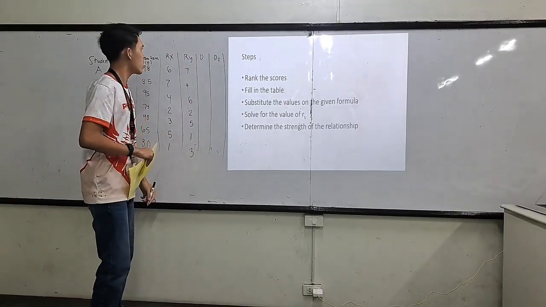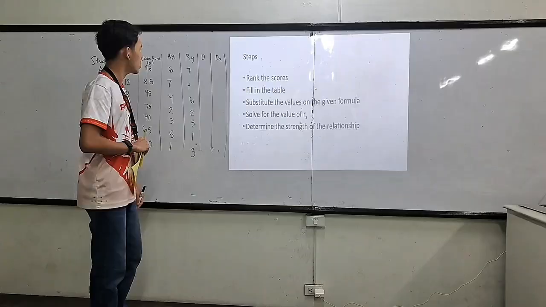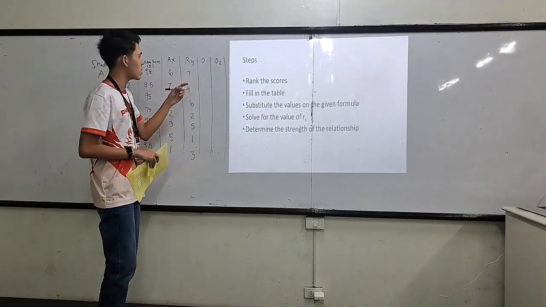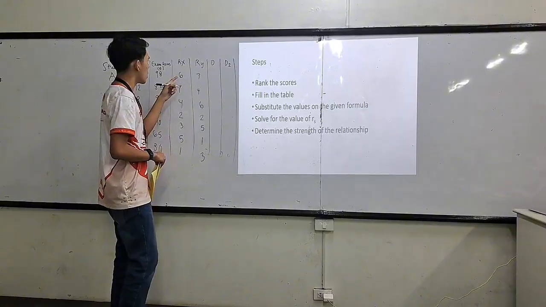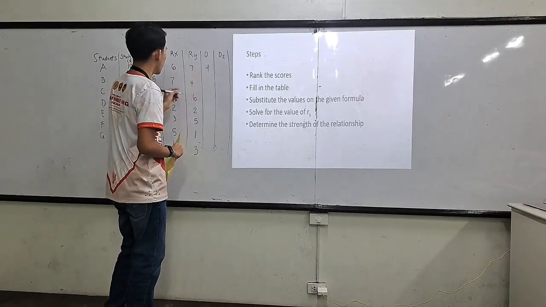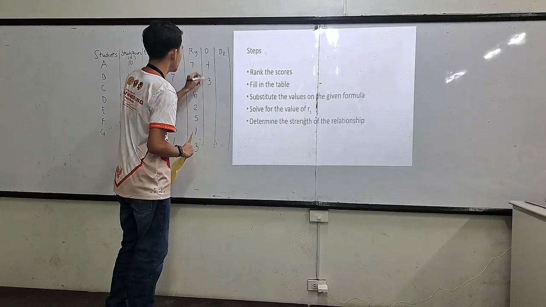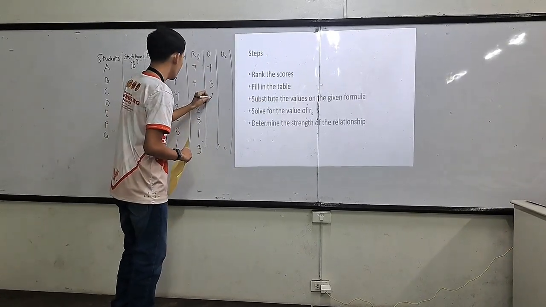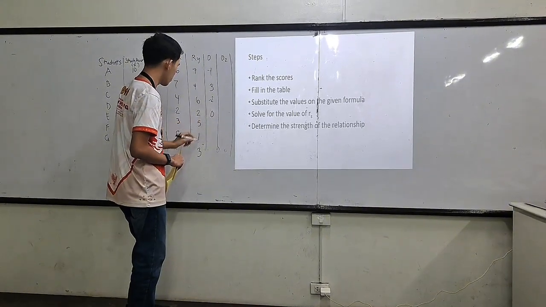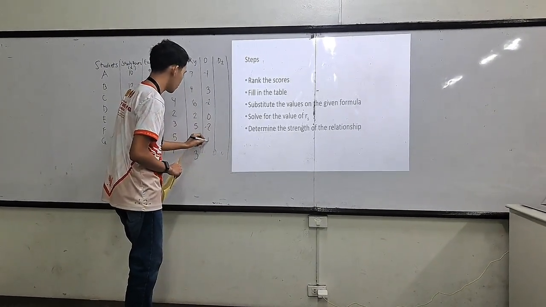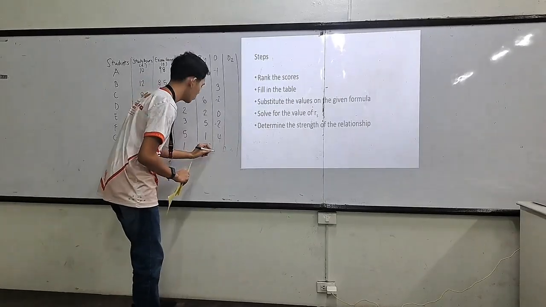In getting the d, the only thing we do is to subtract the Rx and the Ry. So, for example, 6 minus 7 is negative 1. 7 minus 4 is equal to 3. 4 minus 6 is equal to negative 2. 2 minus 2 is equal to 0. 3 minus 5 is equal to negative 2. 5 minus 1 is equal to 4. And 1 minus 3 is equal to negative 2.